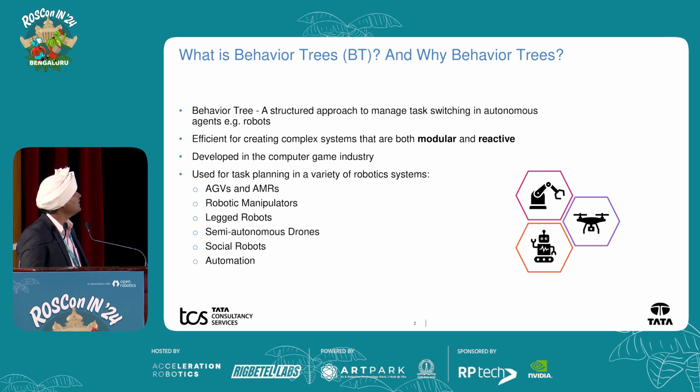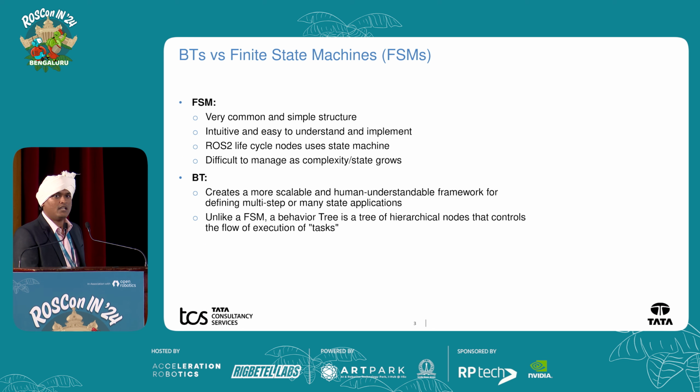We are used to state machines, which is what we have traditionally been doing to model tasks and switch between them. They were very common, simple, and intuitive. Even the ROS 2 lifecycle has a state machine with states like inactive, finalized, and so on. But the problem comes when the complexity grows and it becomes cumbersome, with too many transitions and states.